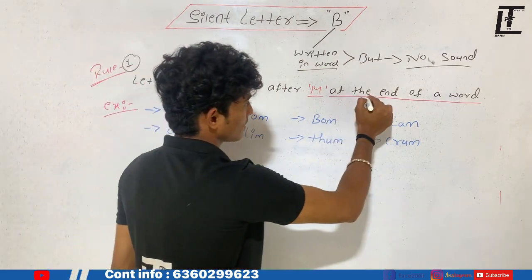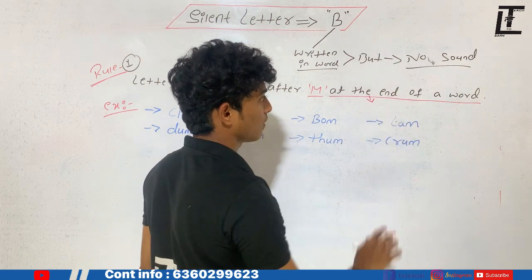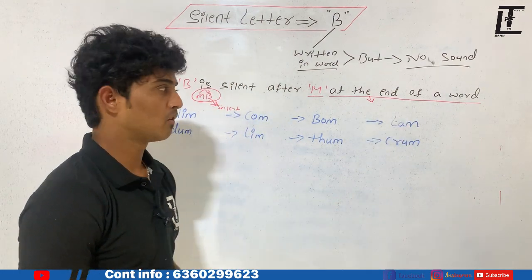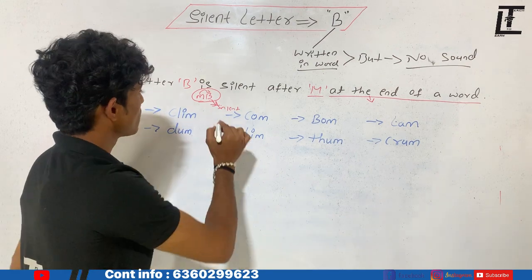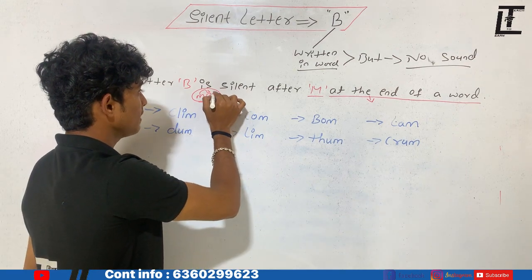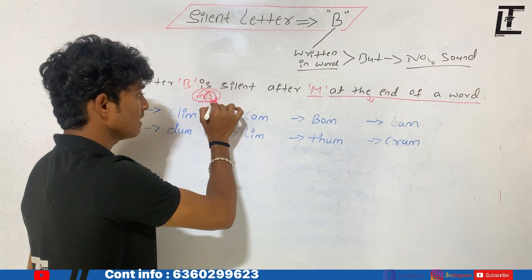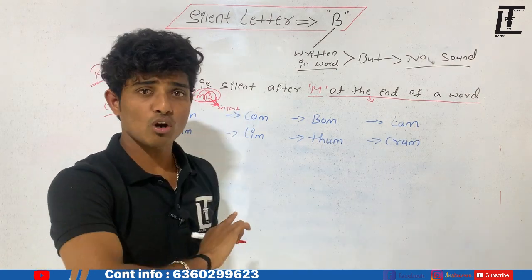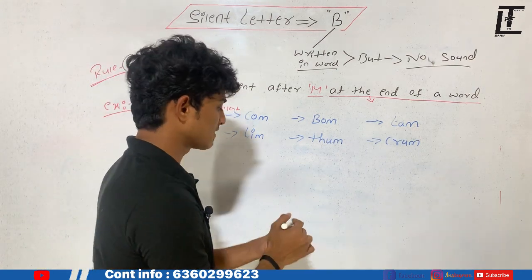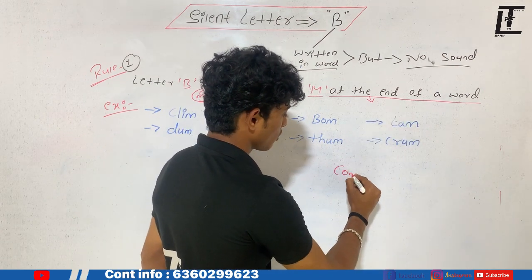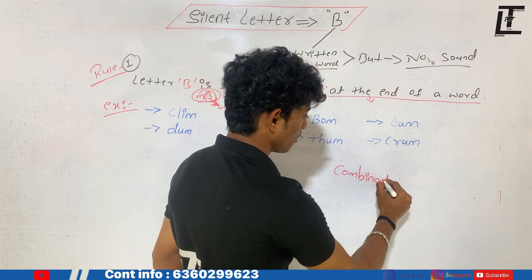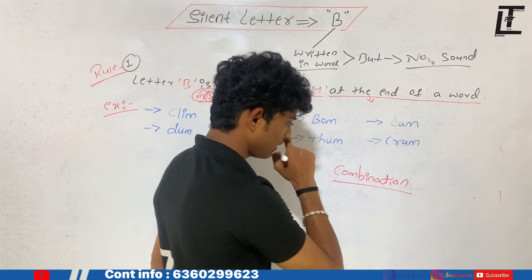The second statement says at the end of the word. Why is it at the end of the word? This is a very important rule to understand. Letter B is silent only when it comes at the end of the word. Otherwise, it is not considered a silent letter. For example, I'll write here the word combination.